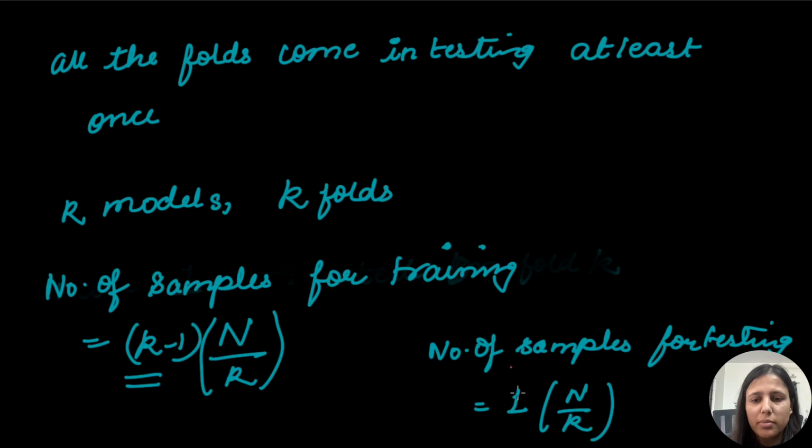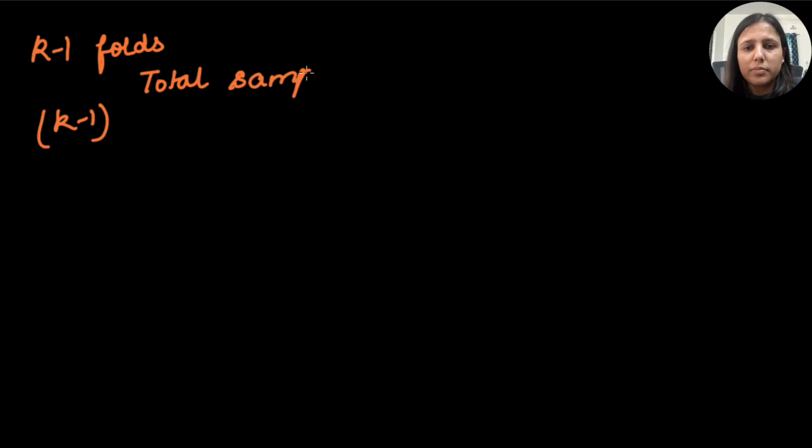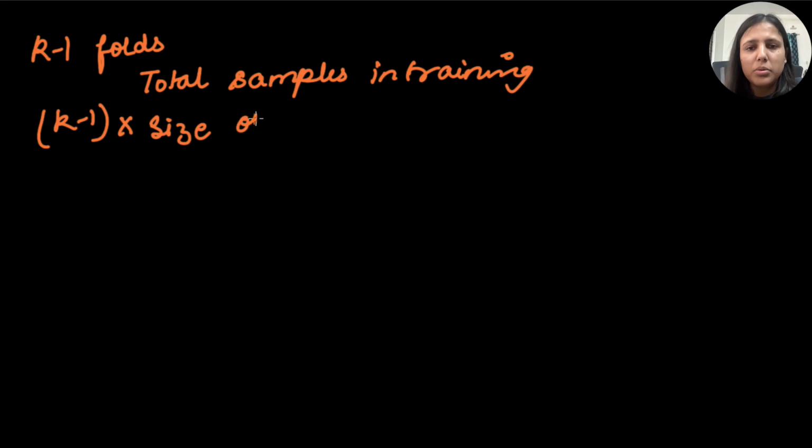So total samples in training is equal to k minus 1 into the size of a fold, and we now know that the size of the fold is n by k.